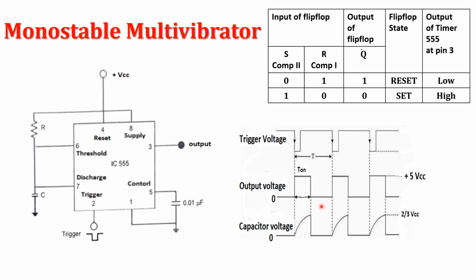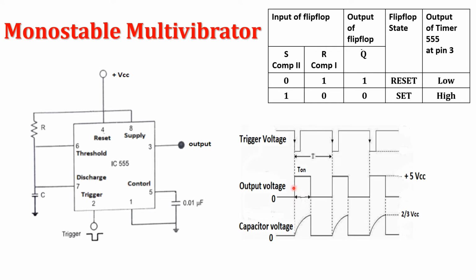In this way, for every trigger pulse, the output of the monostable goes from the stable state to the quasi-stable state and again back to the stable state. That process cycle is repeated up to the application of the next trigger to the circuit.